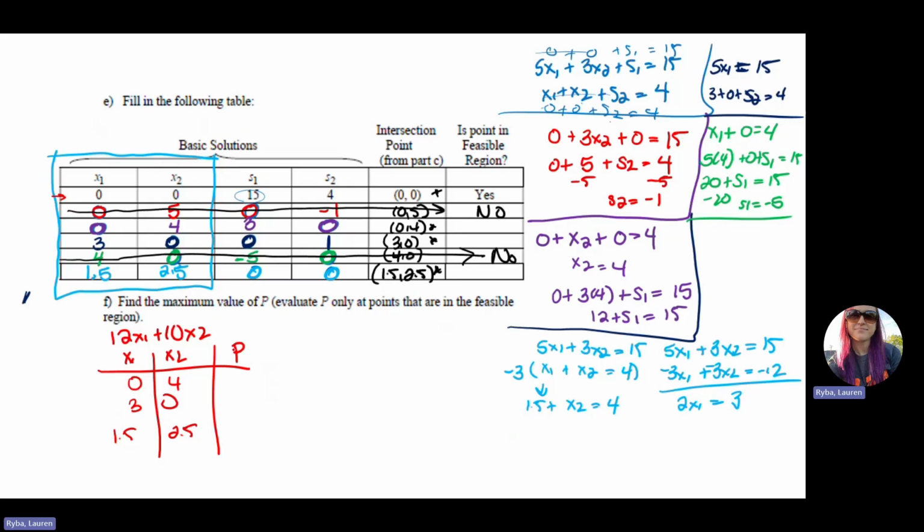So that's going to be what, 40? This one's going to be 36. 1.5, that's 18 plus 2.5, 25. And 18 and 25, is that 43?